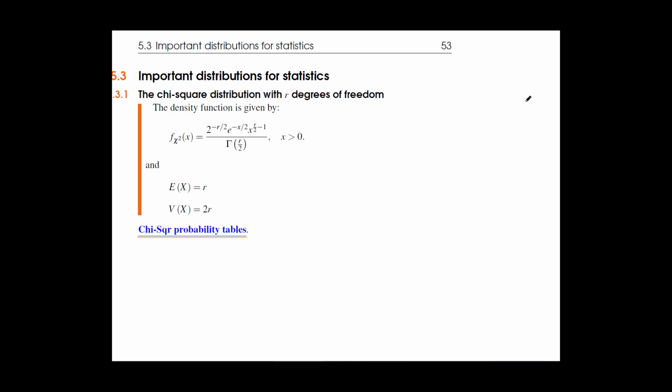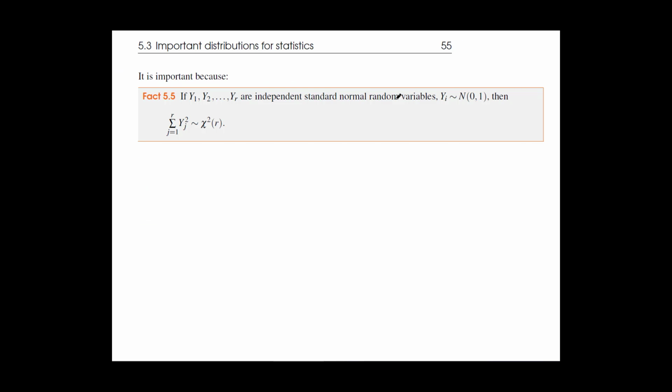All right, let's start with the chi-square distribution with r degrees of freedom. Let me start right here with this fact. This is the part where the function of random variables comes in.